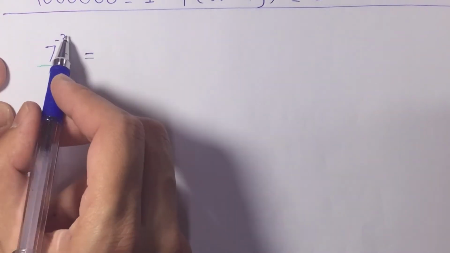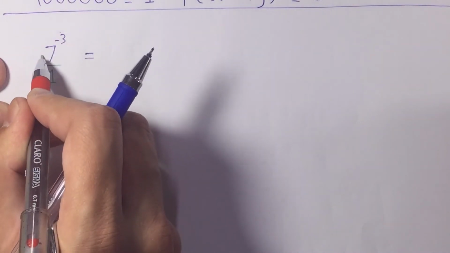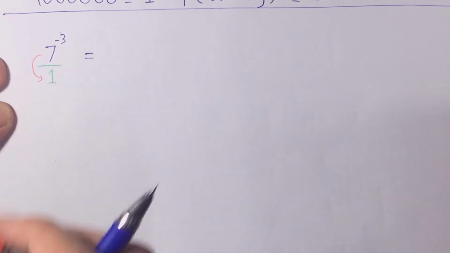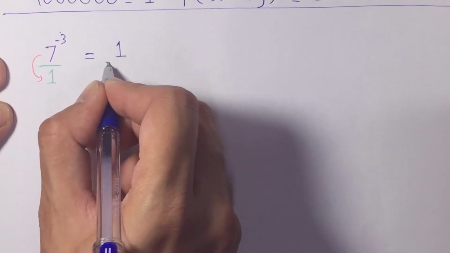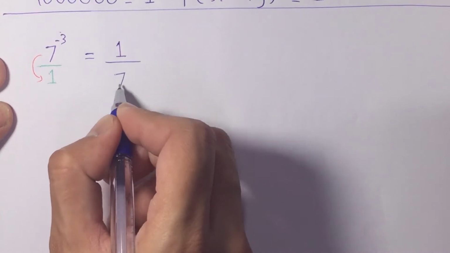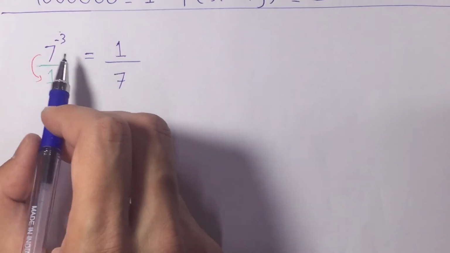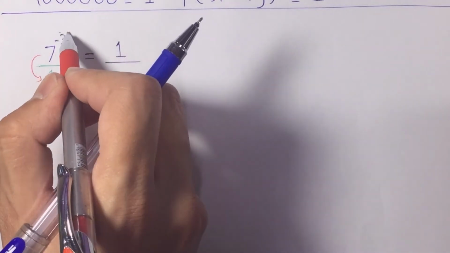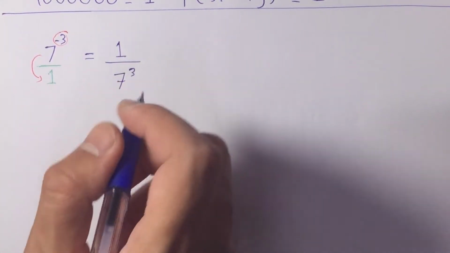What is the meaning of this negative power? First, change the position of this 7 from the numerator to the denominator. So we will be left with 1 over 7, and now to the power of how much? Just change the sign of the exponent. Not negative 3 now, it is 3.